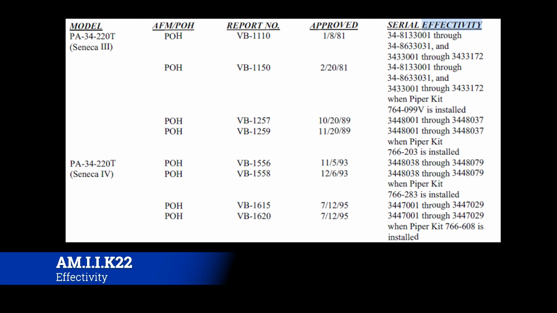Well, we have a wide range of Senecas this could go on, and our serial number is actually 8544 1111. That's right in the middle of those two serial number bands, so we can install this gasket on that airplane. That's all it really boils down to. You're just making sure that you've got the right part going into the plane it was meant for.